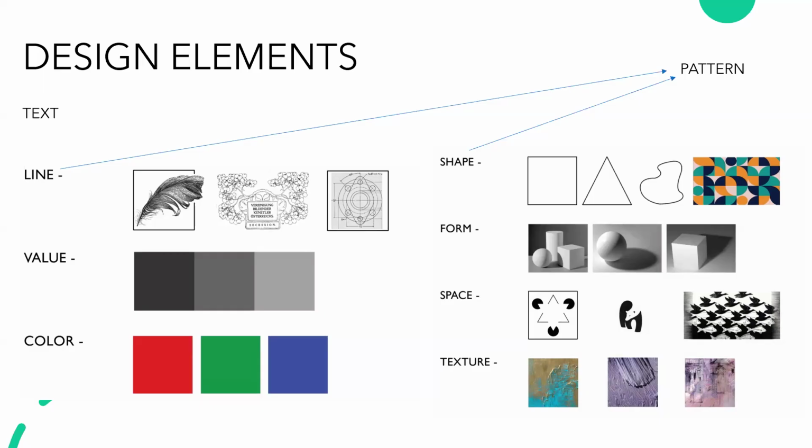Of course, I don't need to overemphasize color. Color is a design element. The use of color will determine whether you are doing a good design or not. Then you have other things like forms, you have space also, you have texture.